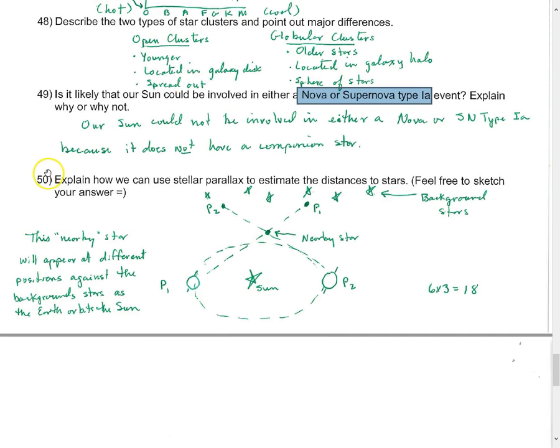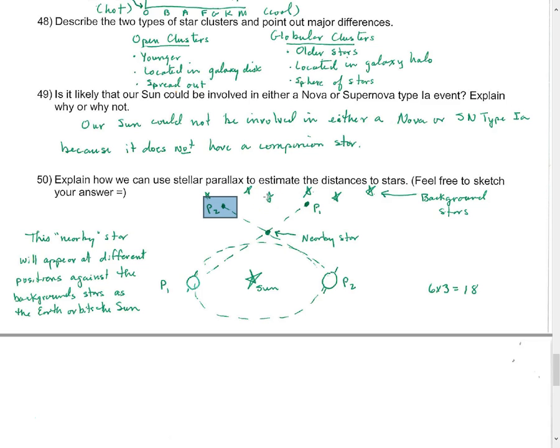Question 50 asked, how can we use stellar parallax to calculate the distance to a nearby star? I thought you had a lot of good answers on this one. I drew the figure, and some of you did too: a nearby star looks like it's in position P1, and as the Earth changes position around the sun, that nearby star will look like it's at P2 against the background stars.